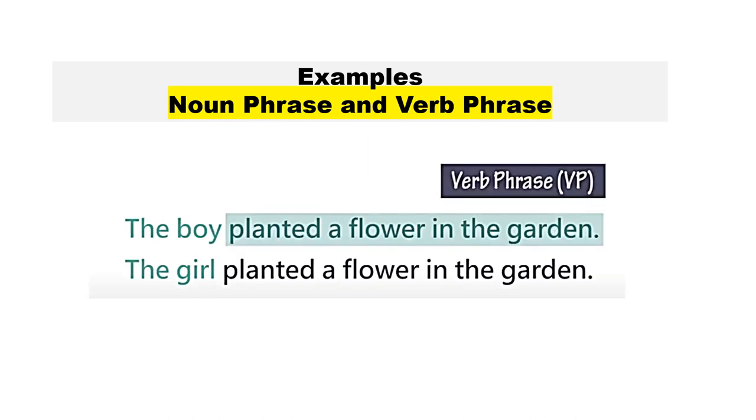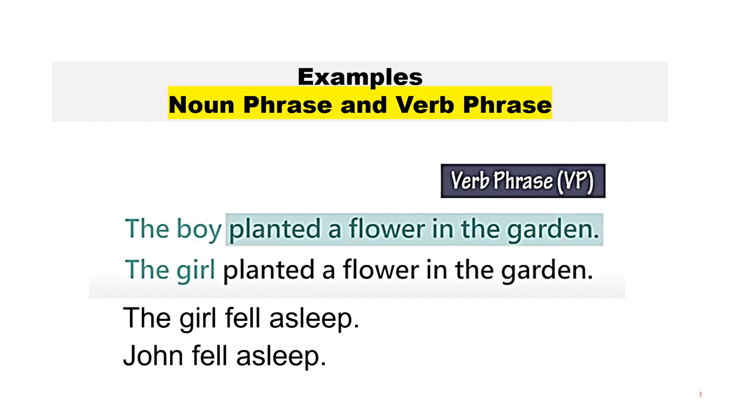For example, planted in the garden is a verb phrase. I can replace it with a verb. I can say, the girl fell asleep. Although it means a different thing, the grammaticality is not affected. Also, I can replace the noun phrase the girl with John.